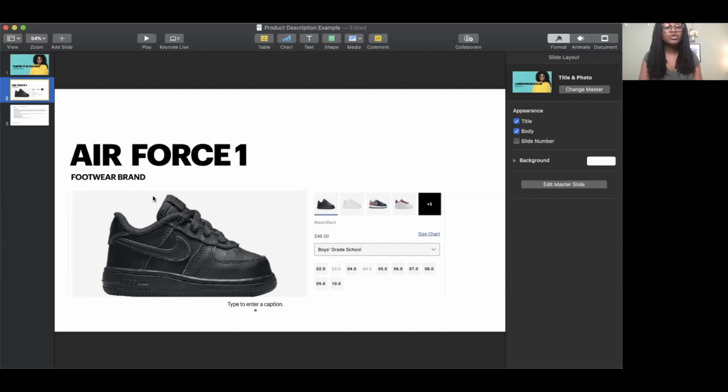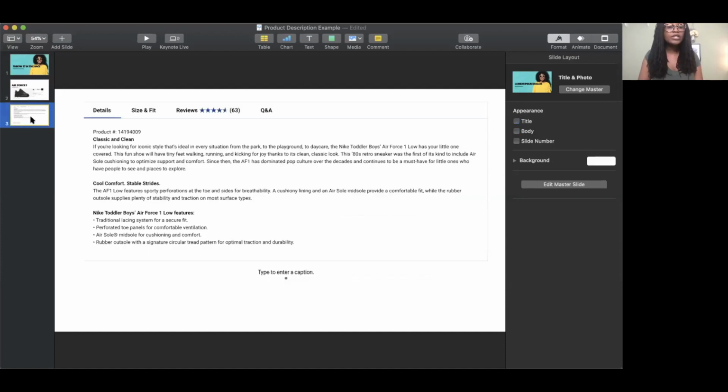I also want to mention too that if you're working with a larger e-commerce company, or if you're an e-commerce business yourself, then you already probably have some type of CRM system. So a lot of these fields will be populated. So I am just specifically talking about the copy for the product description, and we're going to get into that in the next slide. All right, so here we are.